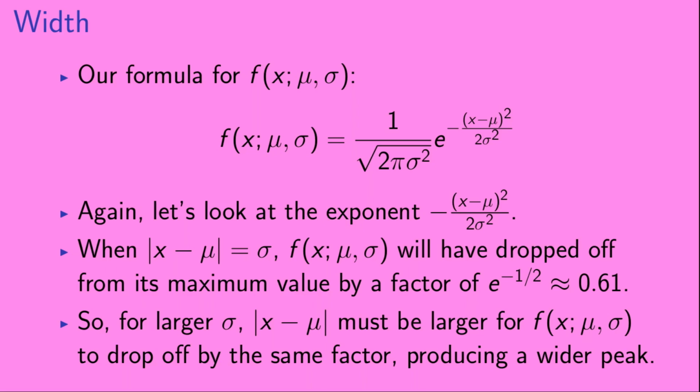When the absolute value of x minus mu equals sigma, the function will have dropped off from its maximum value by a factor of e to the minus 1/2, which is about 0.61. So for larger sigma, the absolute value of x minus mu must be larger for the function to drop off by the same factor, and this produces a wider peak.